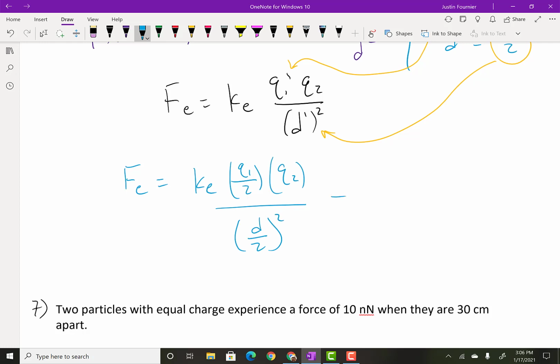Now I can reduce this, right? This squared is going to distribute. So I can reduce this to actually being K_E Q1 over 2 times Q2 divided by D squared over 4.